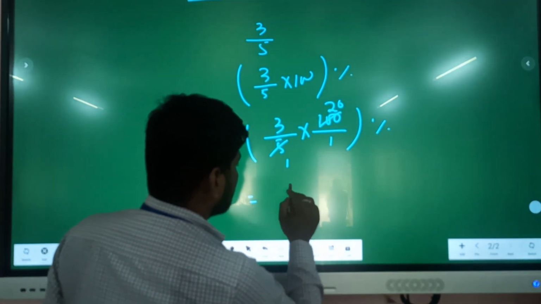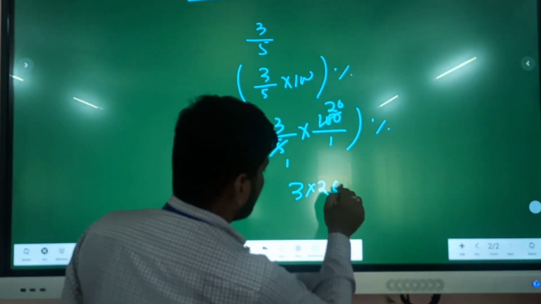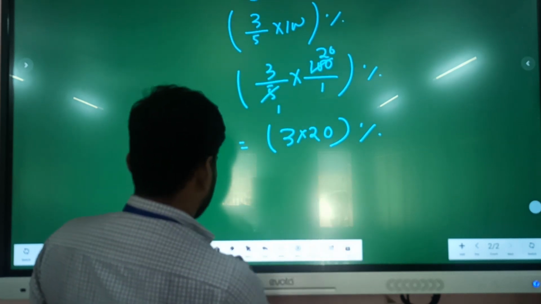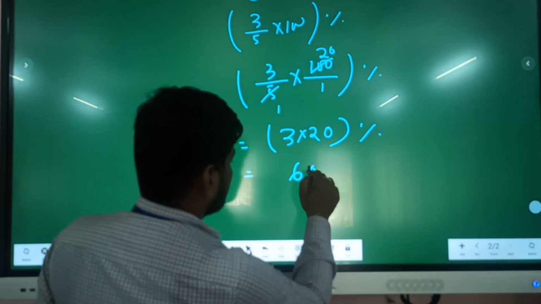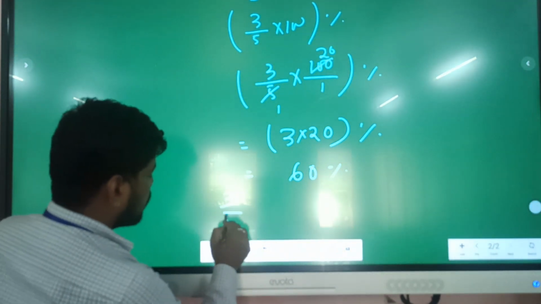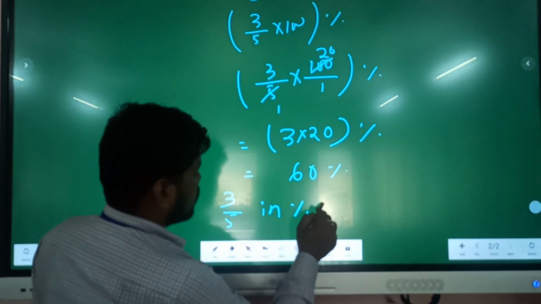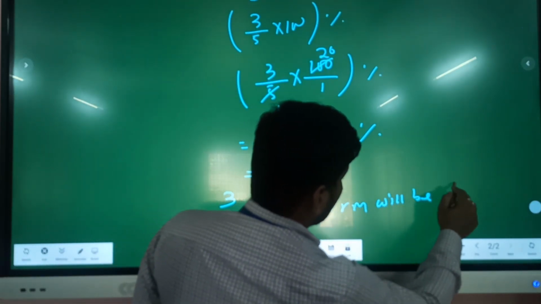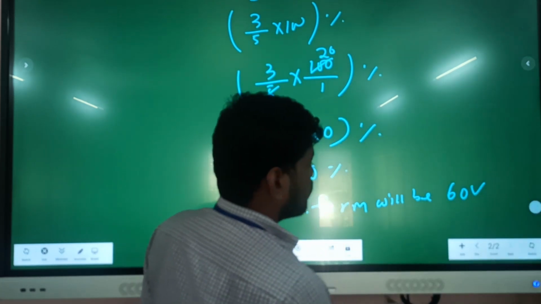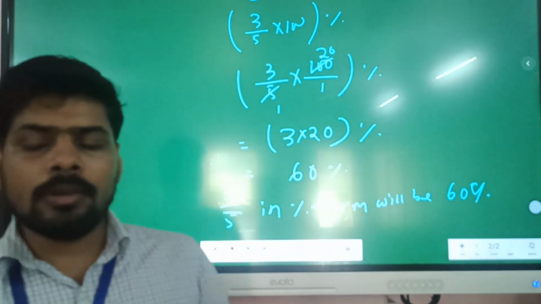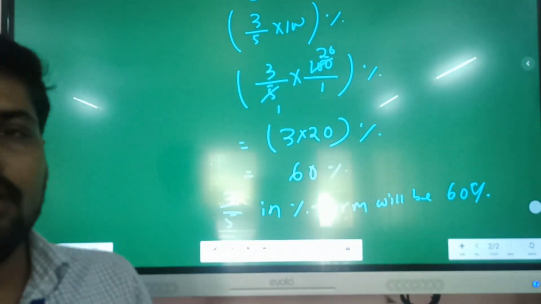So required percentage will be 3 into 20 percentage, that is 60%. So 3 upon 5 in percentage form will be 60%.